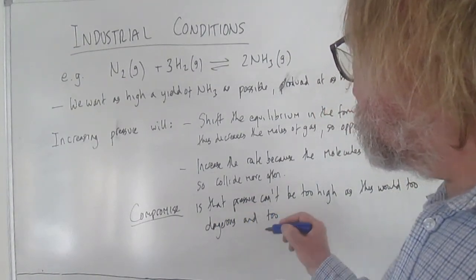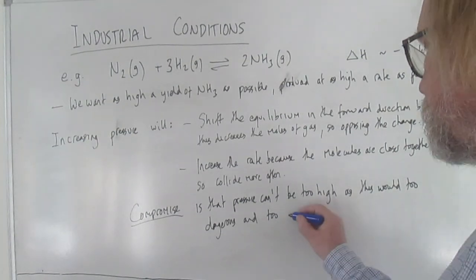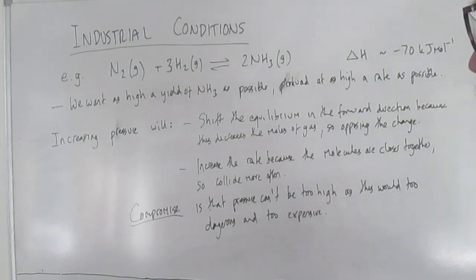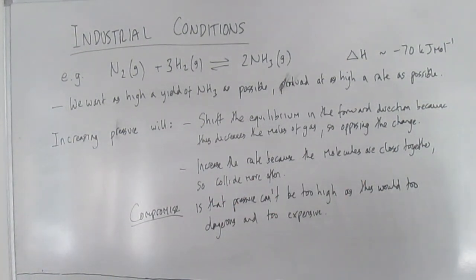So again, there's always a compromise somewhere. There has to be a reason why a particular pressure is chosen, a particular temperature is chosen, and you have to express that choice in terms of it being some sort of compromise.